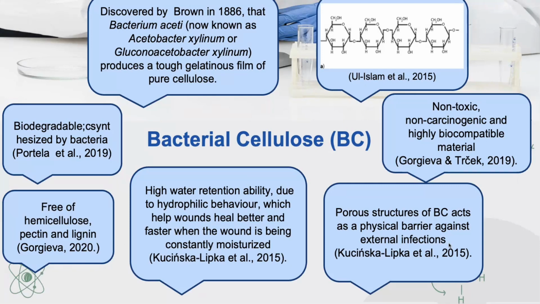So bacterial cellulose is a homopolysaccharide that has glucose monomers or glucose repeating units combined by a bond that we call a glycosidic bond.